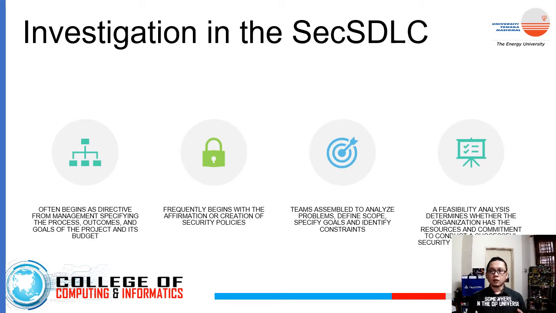And then your team will be assembled to analyze the problem, if there's any, define the scope or the goals of the security control that you want to actually implement, and of course, a feasibility analysis. Feasibility analysis means that you actually weigh the pros and cons if you, let's say, stay with the current security measure that you have.